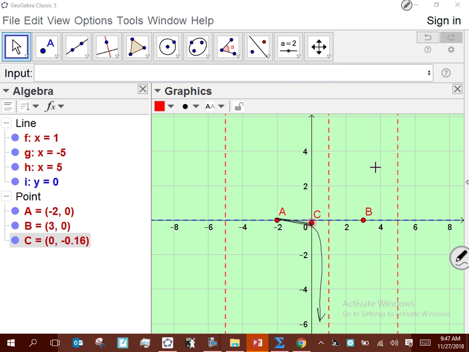Does it make sense that my graph's going to do something like that to the right of A? Now to the left of A, because that was a singular multiplicity, I know I can't go down. I'm going to have to go up. Something like that.